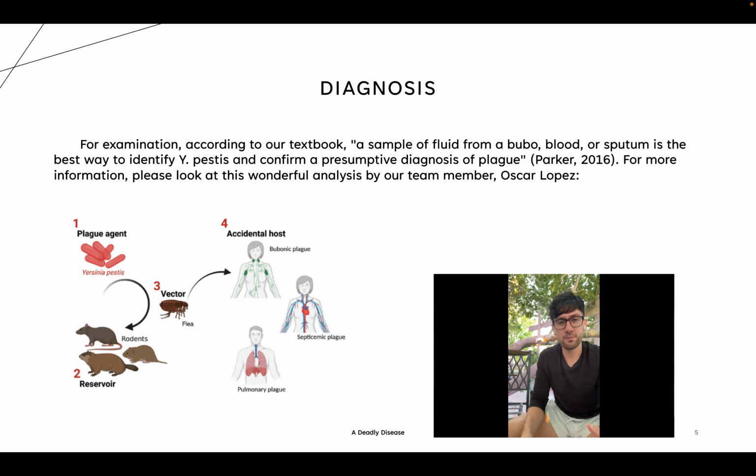But when it comes to the bubonic plague, these can really be distinguished by lymph nodes. Lymph nodes are known as buboes, which can be found typically on the neck, the armpit, or the groin.